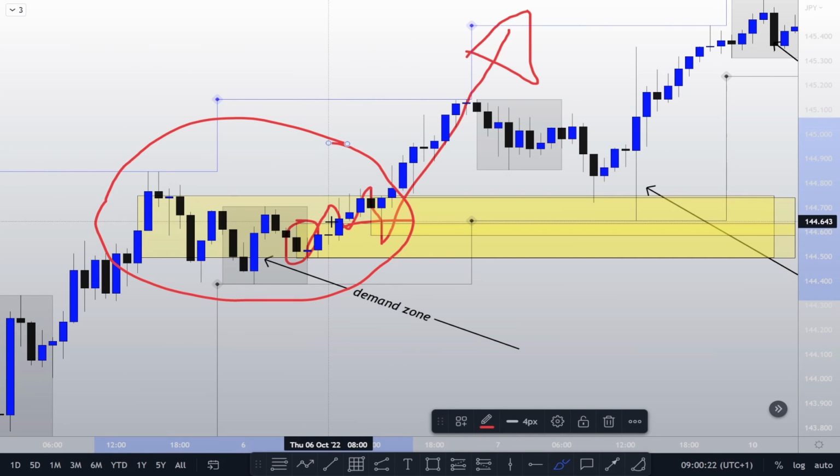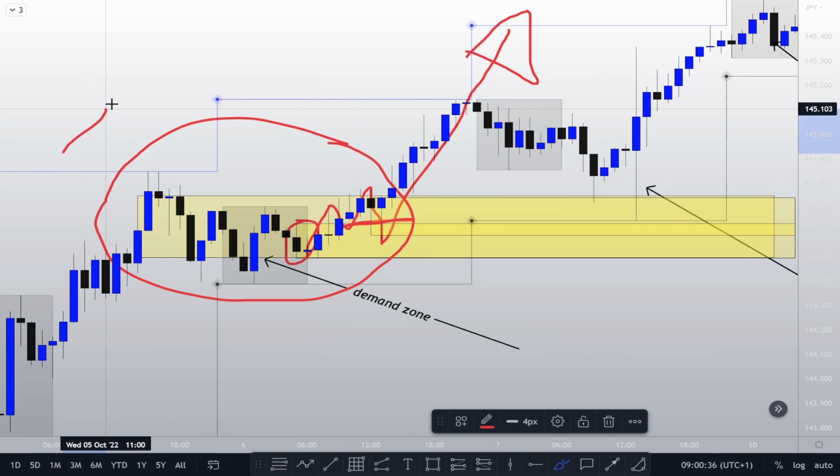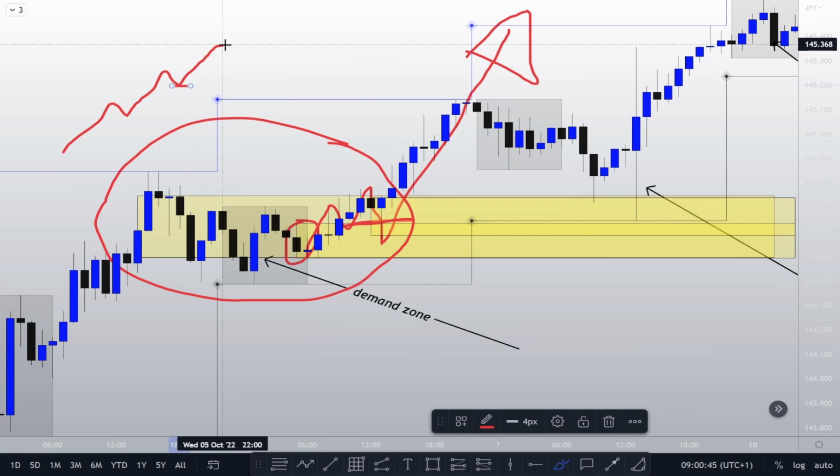We drop down to the 1H time frame. We saw how the market was moving. We saw that there was a liquidity grab around this section, because when the price is trending upwards, creating higher highs and higher lows, then suddenly the last higher low gets taken like this.